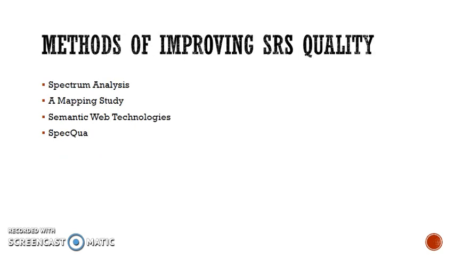Next is methods of improving SRS quality. In here we find four, which are semantic analysis, mapping study, semantic web technology, and spectrum. So going to the points.